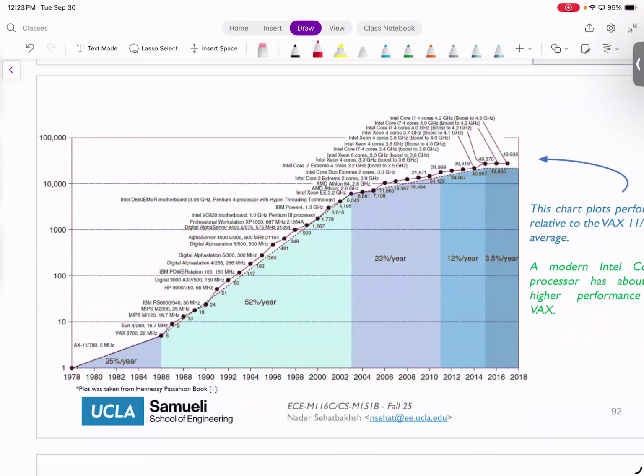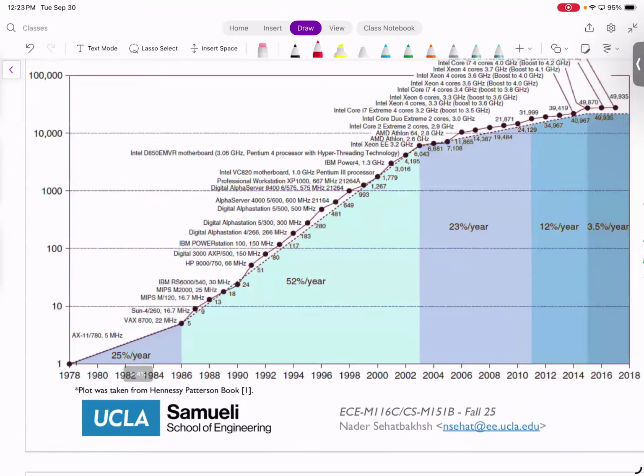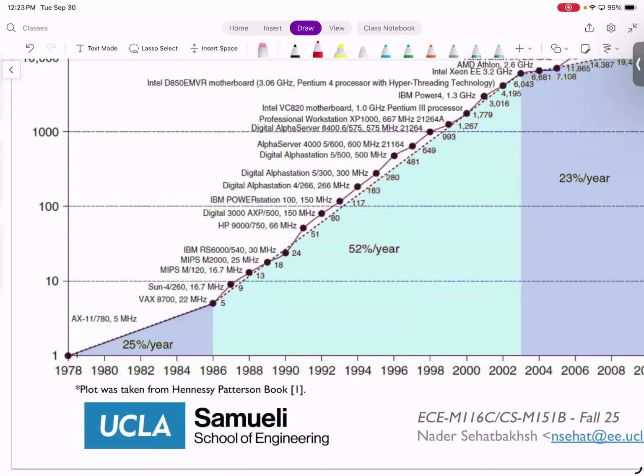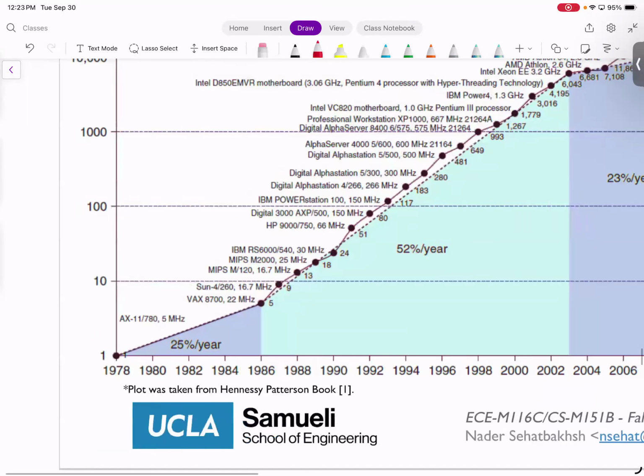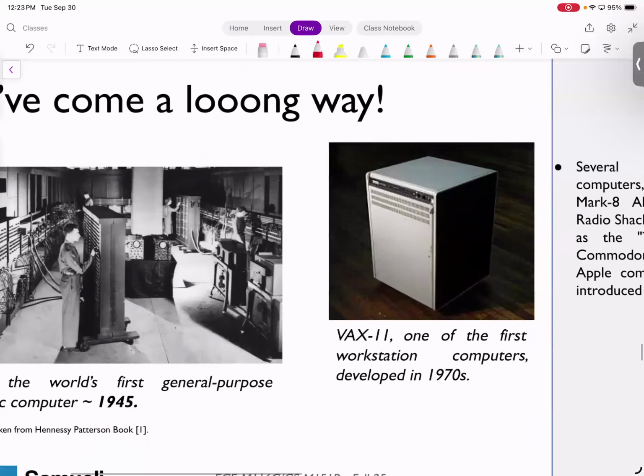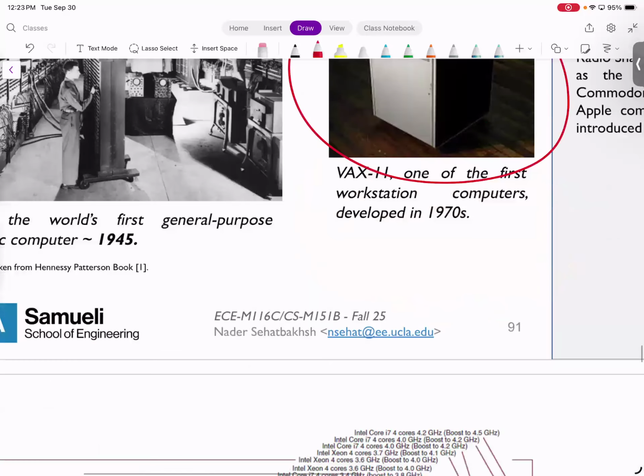This picture is the one that we're going to talk about for a few minutes. It shows 5 different eras of computer architecture, and it starts with this initial design point, the first kind of workstation computer that we started with in the 1970s.